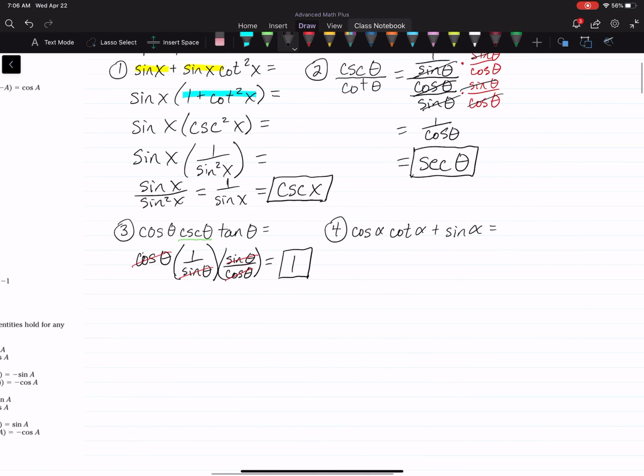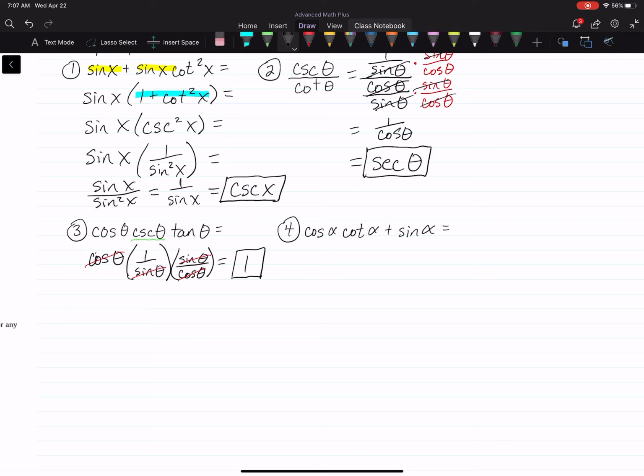All right, last example. Cosine alpha times the cotangent of alpha plus the sine of alpha equals. So I think you're kind of getting the hang of it. Hopefully, we're going to change everything to sine and cosine. So cosine alpha, I'm going to change that cotangent alpha to cosine alpha divided by sine of alpha plus sine of alpha.